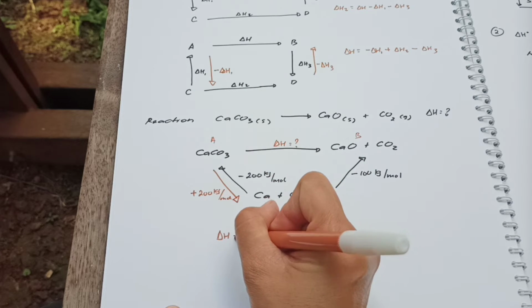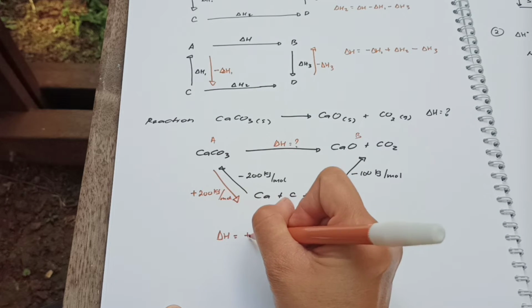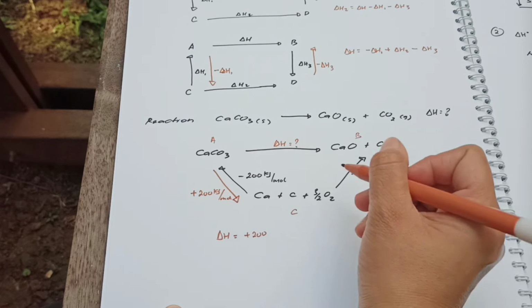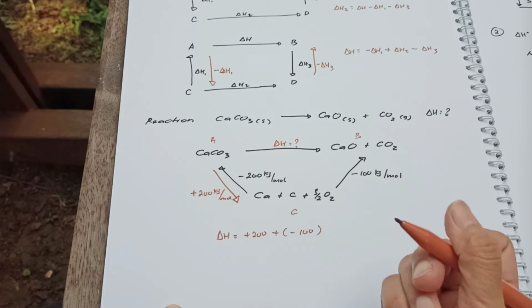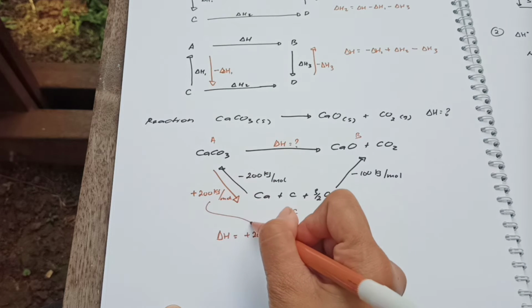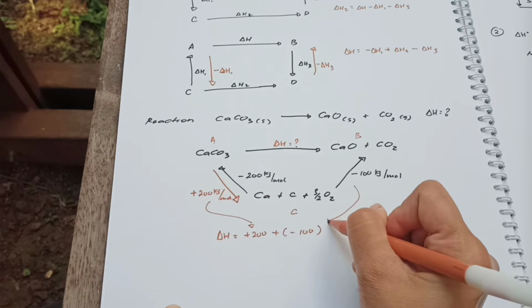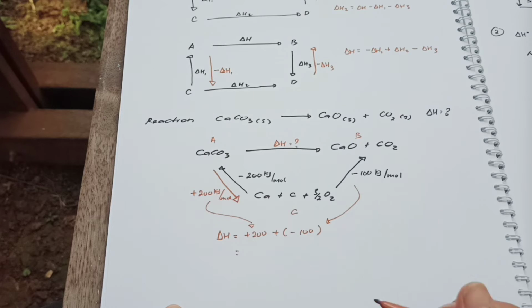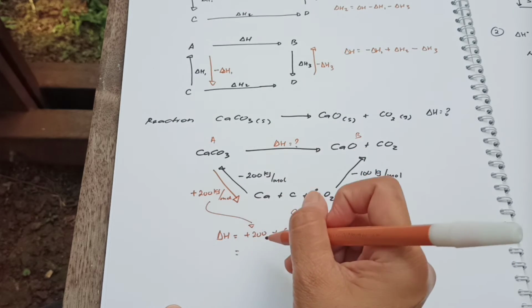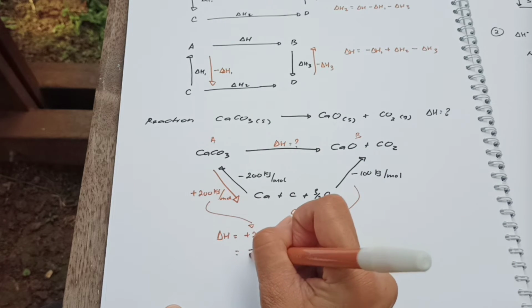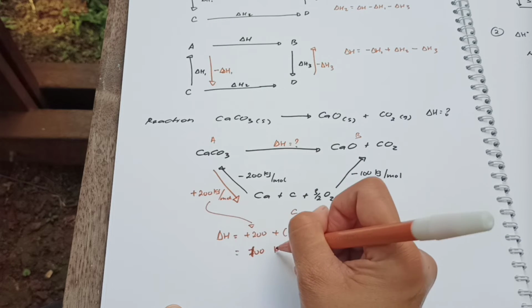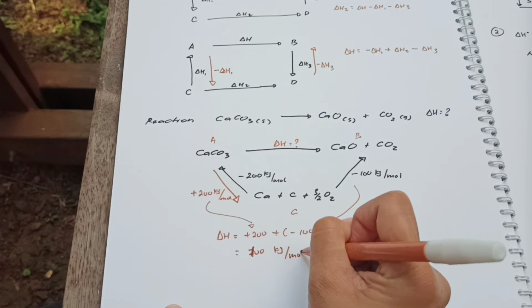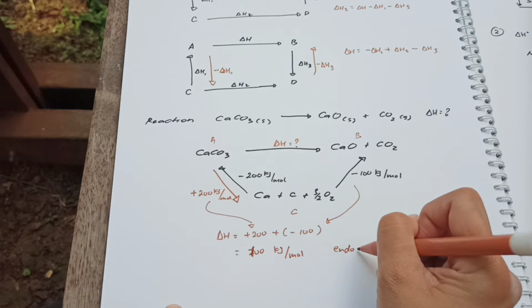So delta H will be this 200 kilojoule per mole plus minus 100 kilojoule per mole. So this comes from here and this one from here. So the final delta H or the final enthalpy will be 100 kilojoule per mole. This is an endothermic reaction.